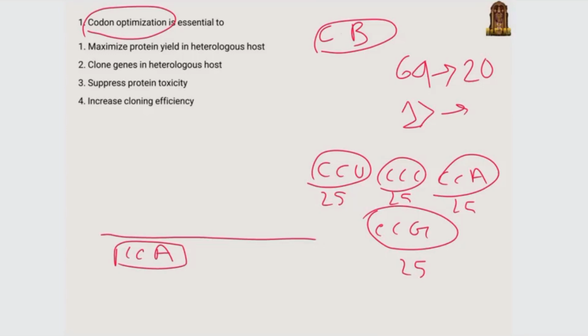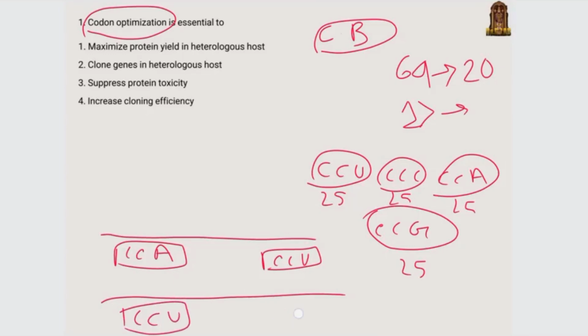That happens for the human, and in the least case you will get the CCU codon. For another organism, like a bacteria or a virus, the sequence preference could be different. They might have a preference for CCU and the least preference for CCC.